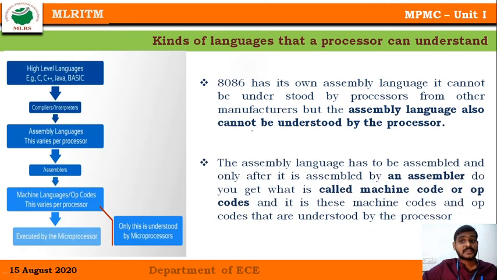The assembly language has to be assembled by an assembler. An assembler gives machine codes or opcodes, which are understood by the processor. Simply put, an assembler converts assembly level language into machine level language so that the processor can understand.